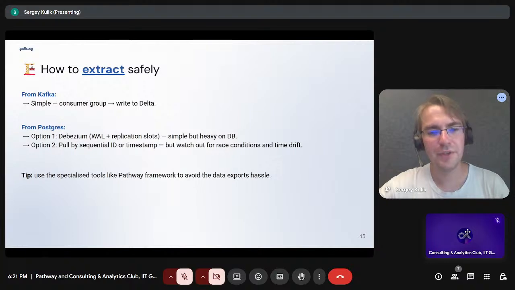And the conclusion for those two slides is that data extraction is complex. There are many caveats, and there are many peculiarities that depend on the particular data source from which you are doing the extraction.